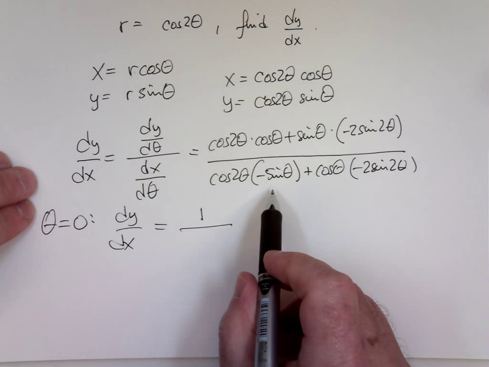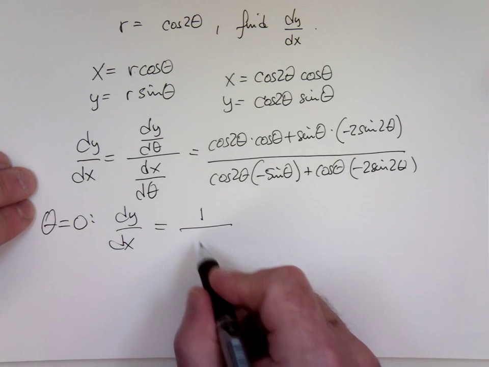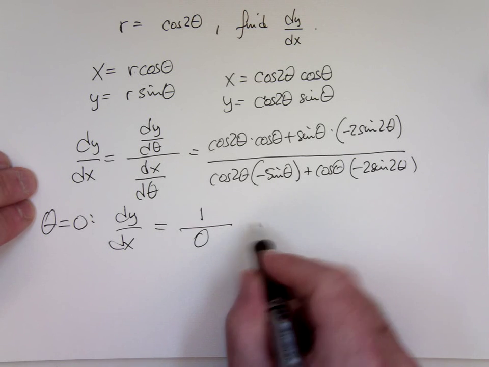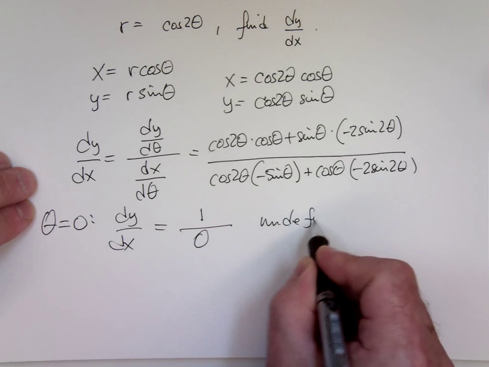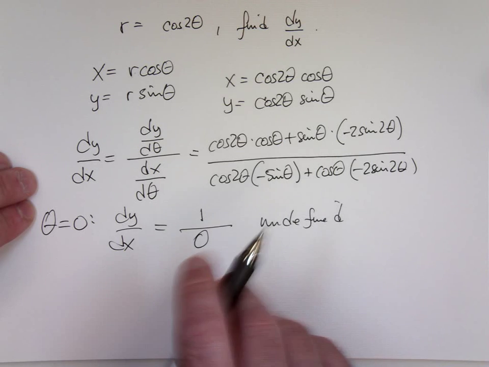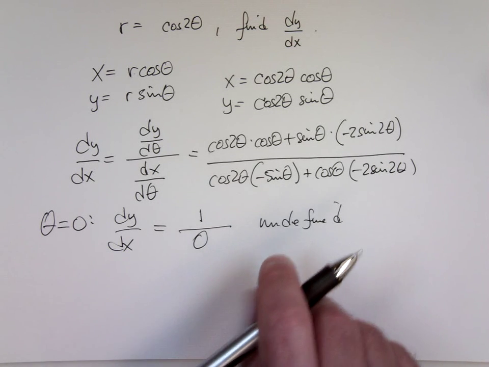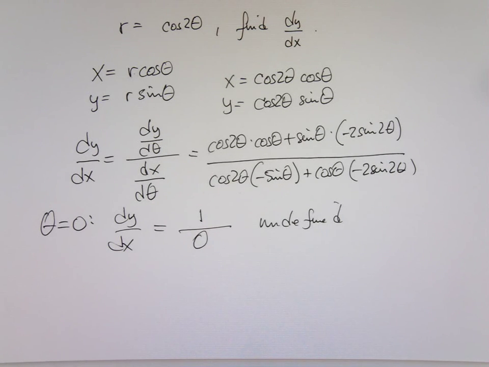Oh my. Undefined. You get a division by 0, so it's undefined. All that means is you've got a vertical tangent line at that point, okay? What can I tell you? Yeah, because it's this one right down here, perpendicular to the polar axis.